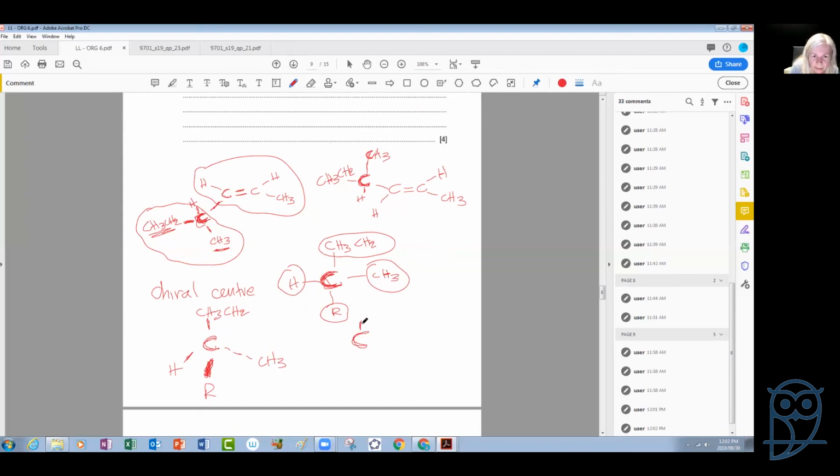Its optical isomer would be obtained as long as we interchange any of these groups.